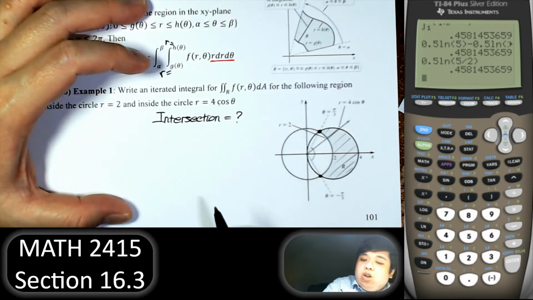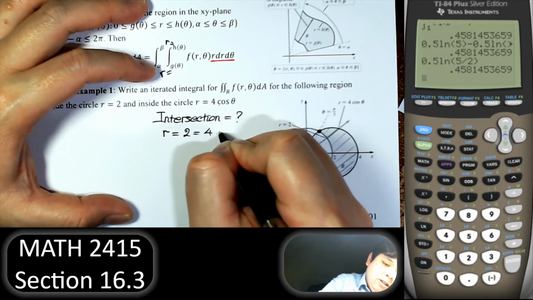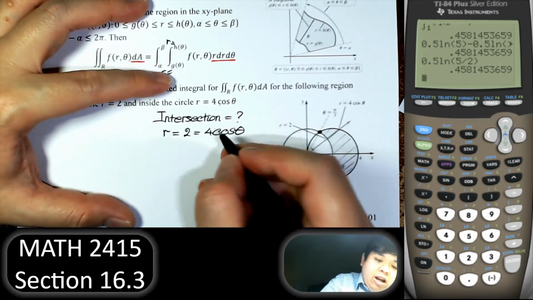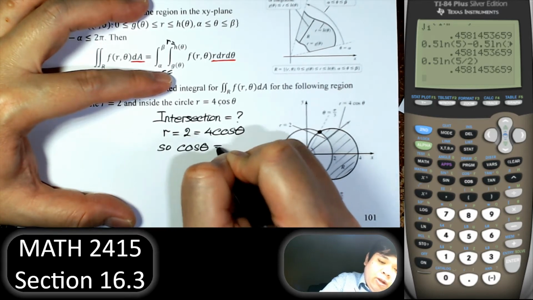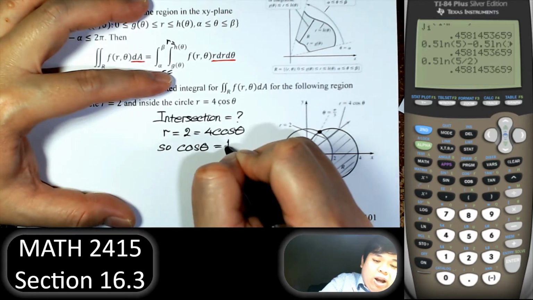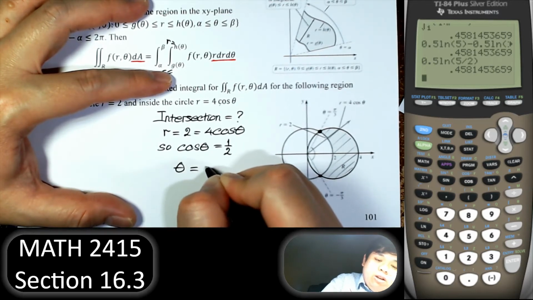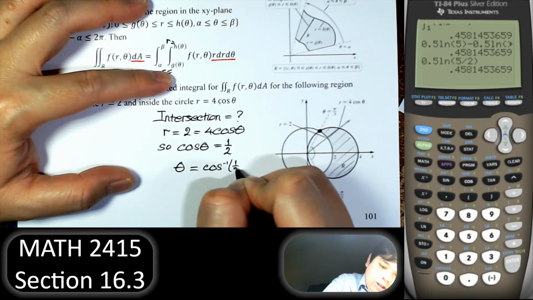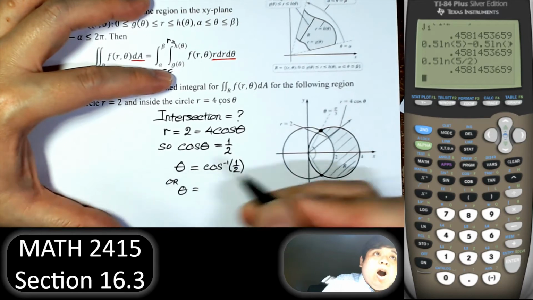Both of them equal r, so why don't we let them equal each other? And then just solve for cosine of theta equal to 2 over 4, which is 1/2. So theta equals cosine inverse of 1/2, or theta equals the opposite of that.